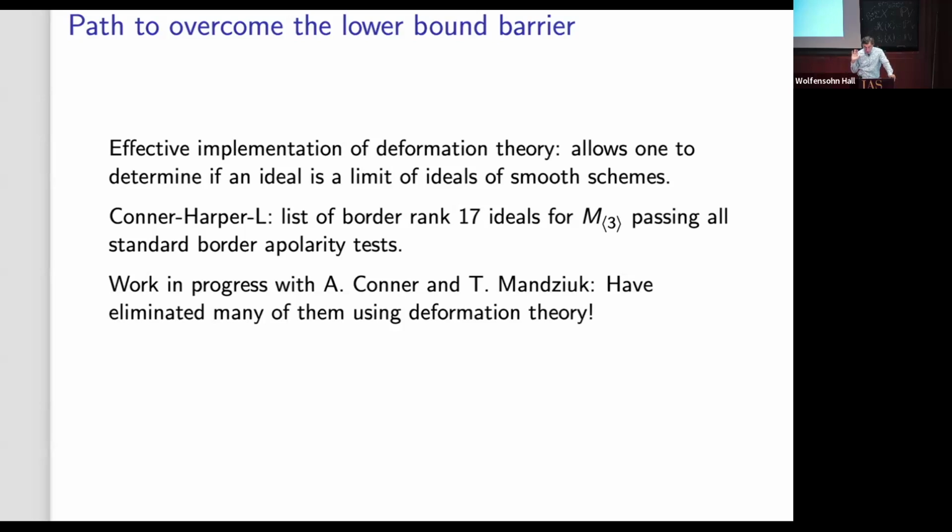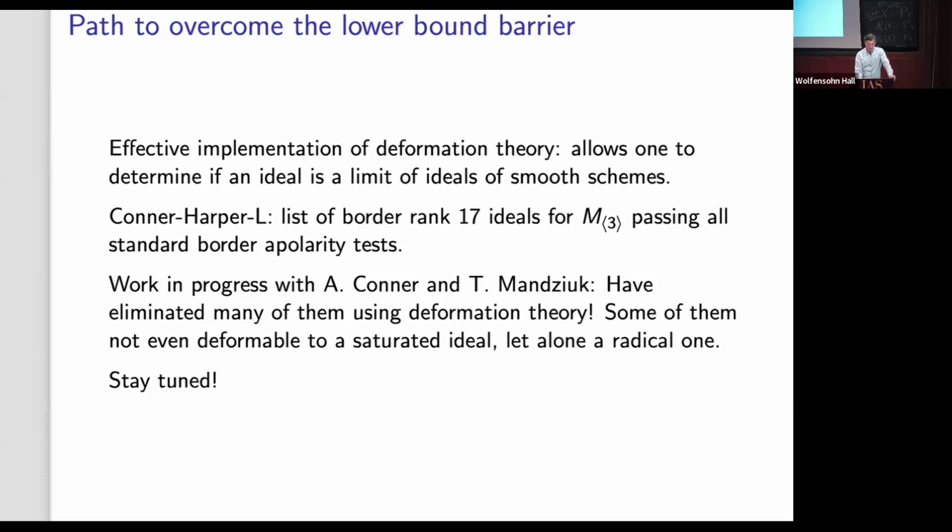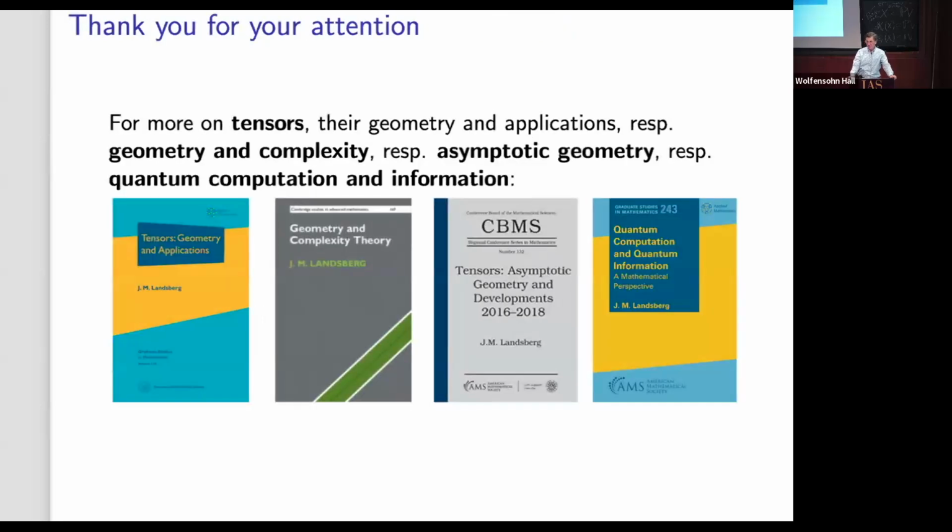I have to say, it really surprised me that that is working. And we've eliminated a lot of this list. And maybe a few months from now, we'll be done. But stay tuned. And thanks for your attention.